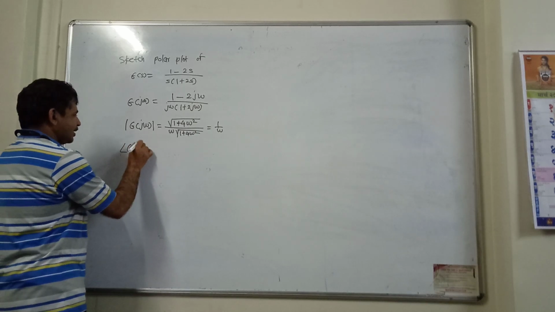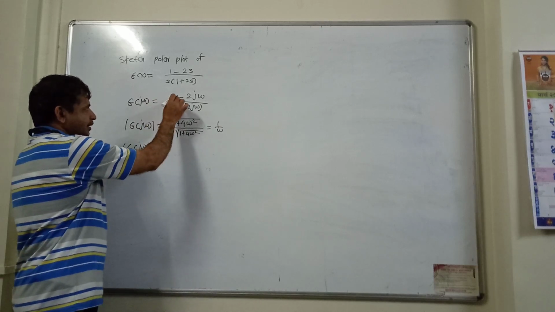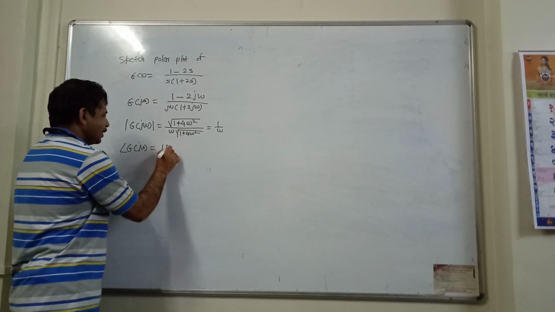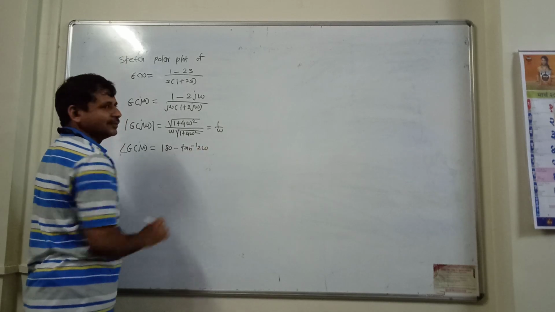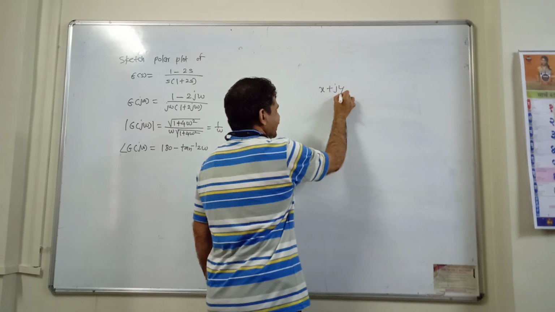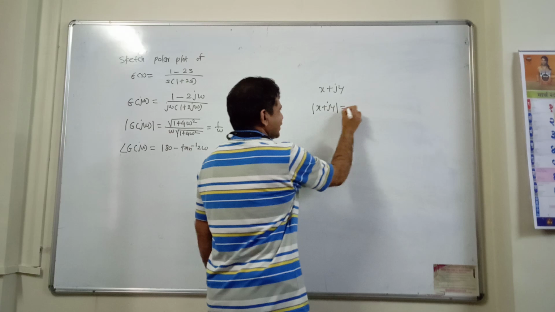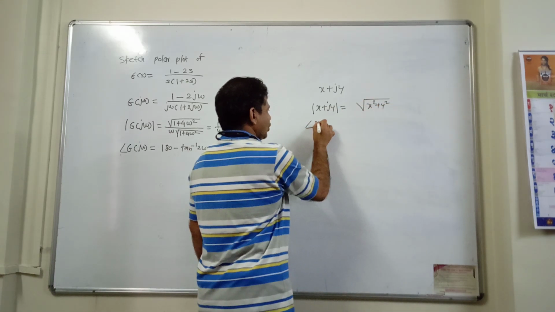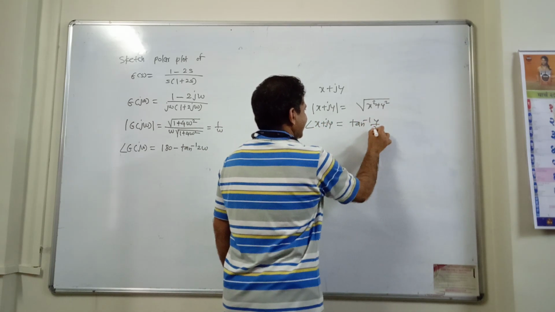Then the angle of G(j omega). For the numerator, this is 1 minus 2 j omega. What is its phase? Its phase is 180 minus tan inverse of 2 omega. Let us see how it is done. If you have a number x plus jy, then its magnitude is under root x square plus y square, and the angle of x plus jy is tan inverse of y by x.